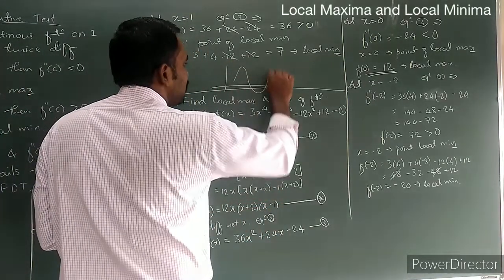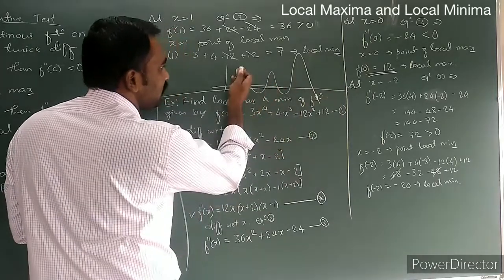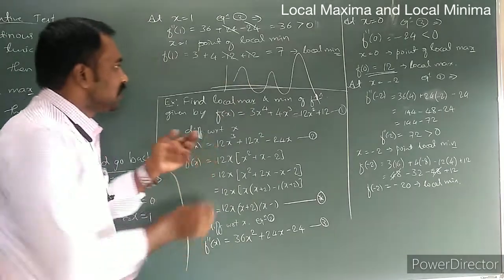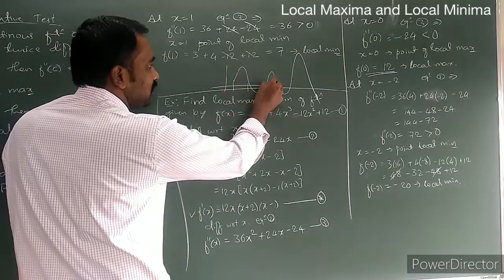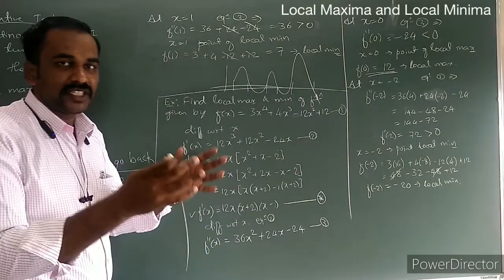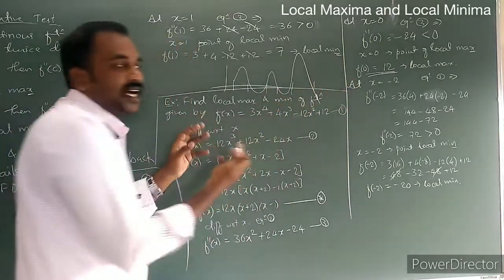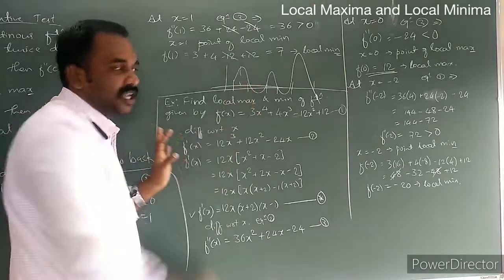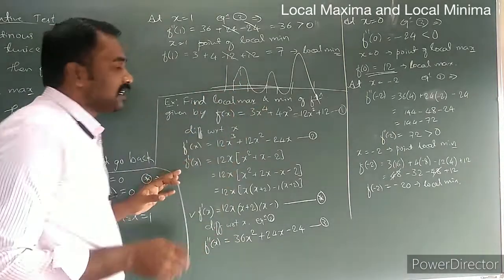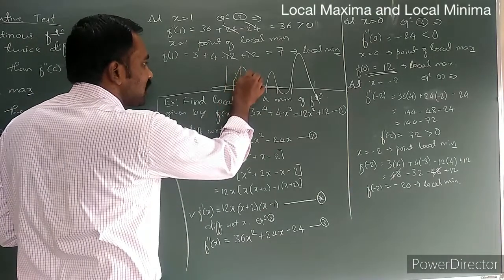In the given interval, the local maximum value and local minimum value might vary. I'm splitting all the domains nearer to the critical points, a little bit to the left and to the right. Only a small interval I am taking.